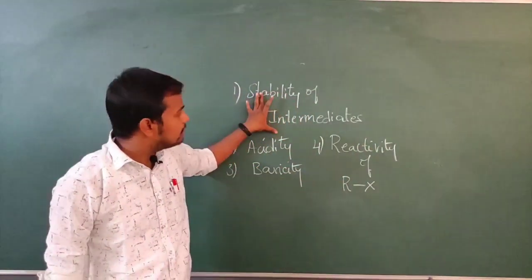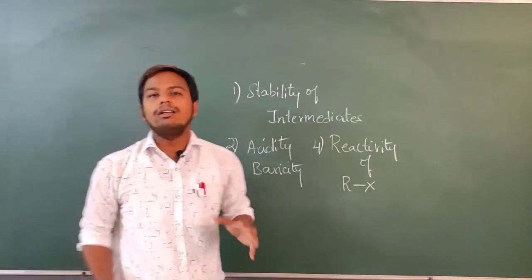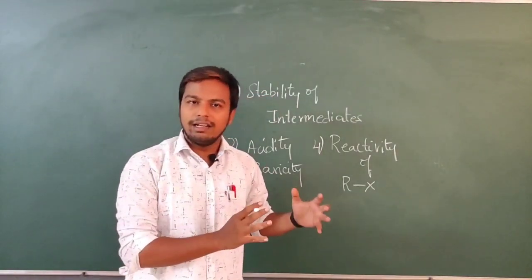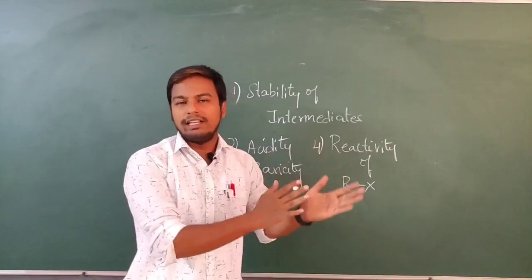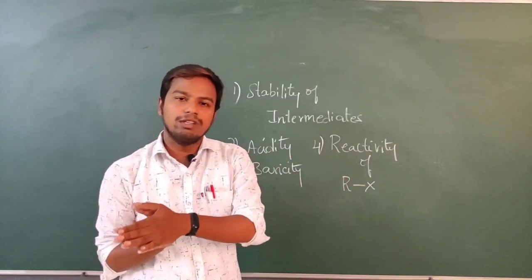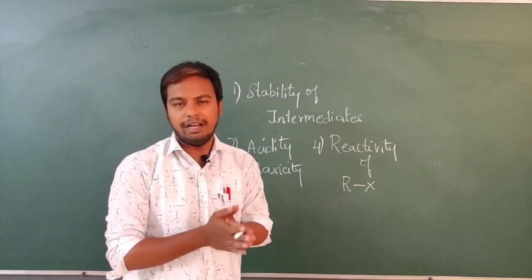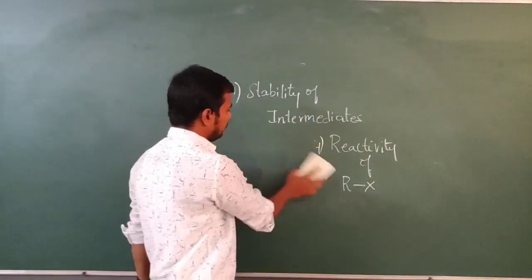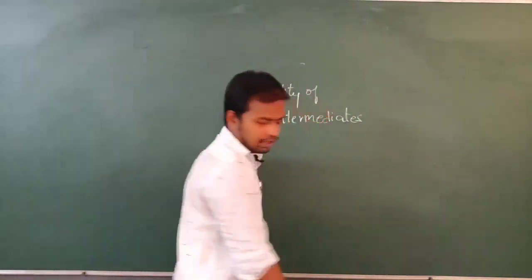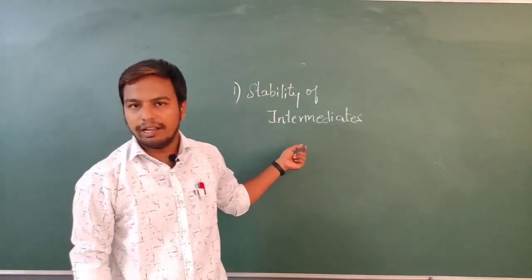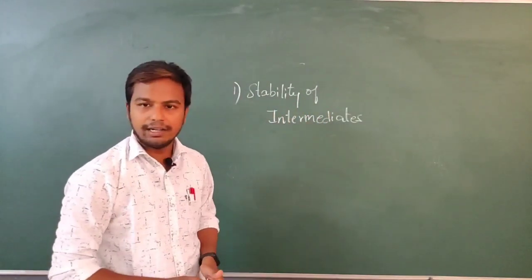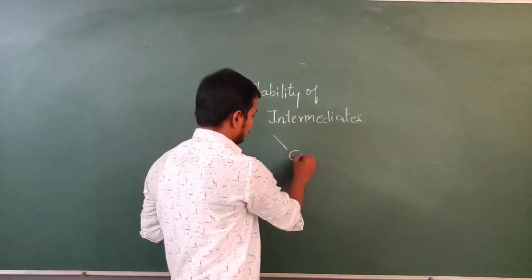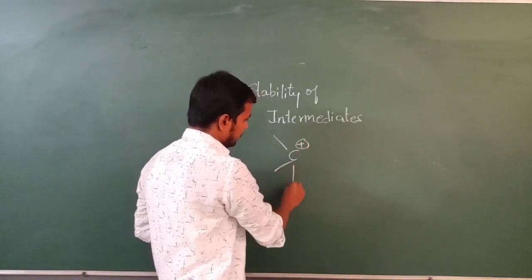Now first we will discuss the stability of intermediates. How are the intermediates affected by the inductive effect? Plus I groups, how they modify, minus I groups, how they modify, depending upon the different species we will discuss. I have discussed the carbocation, right? That is also one intermediate. This is a tertiary carbocation.